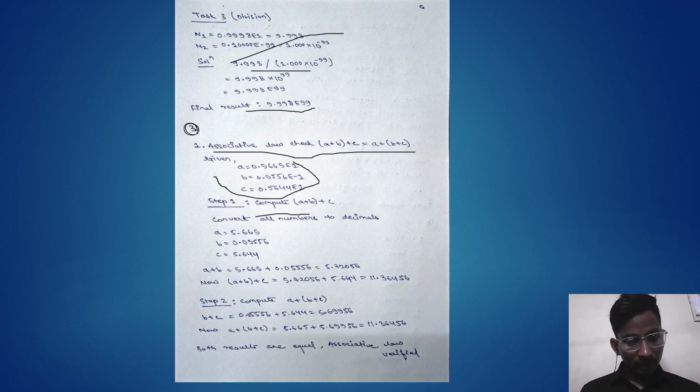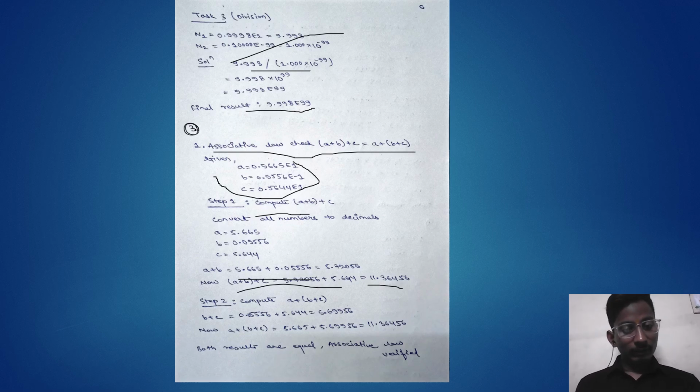These decimals, then the addition of A and B and the addition of A plus B in whole bracket of C. So the answer is 11.36456.